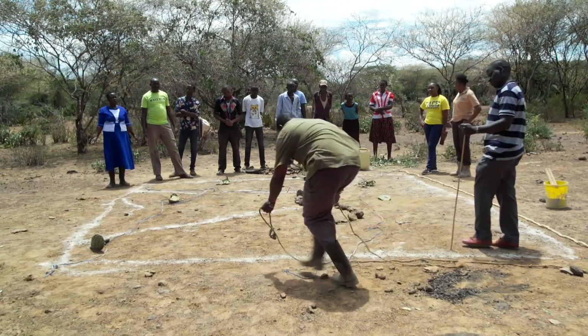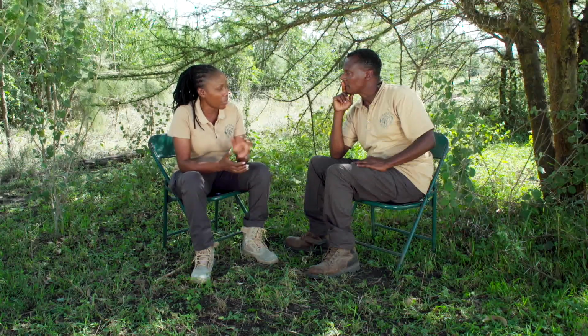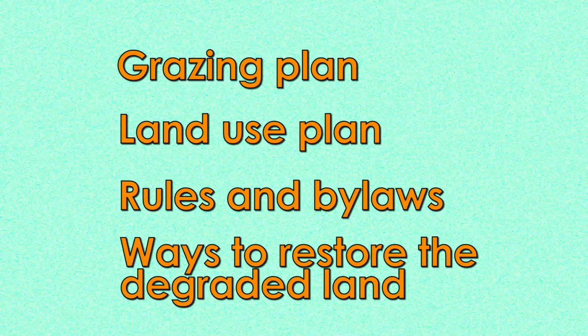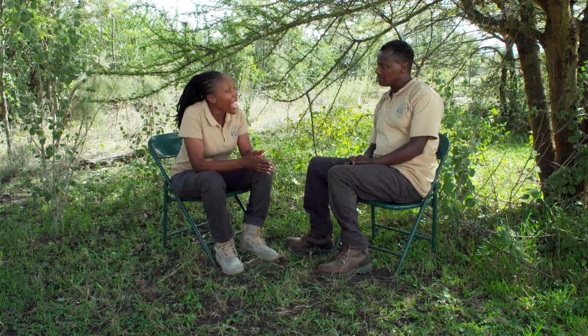Yes. So when the map is finished, the local pastoralist institution creates a rangeland management plan. This includes the grazing plan, the land use plan, rules and bylaws to enforce the management plan, and ways to restore the degraded land. So you know what's good, Tony? The management plan uses the pastoralists' local knowledge and practices that have been used over the years.